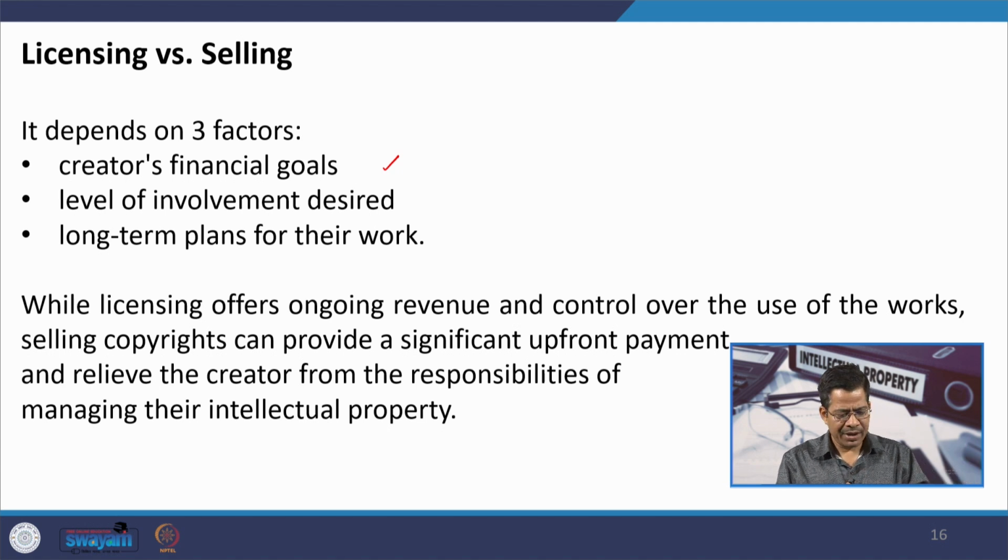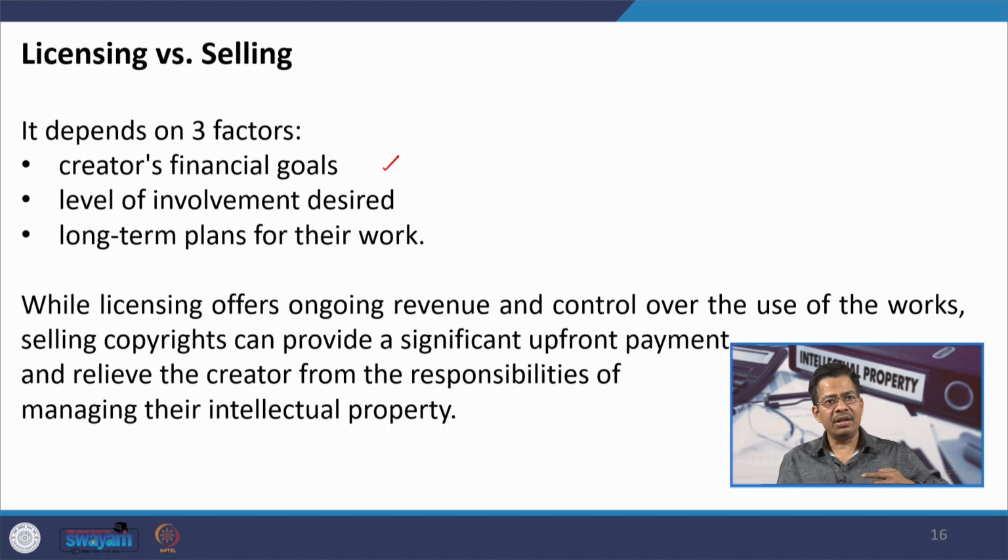But if I license to a particular publisher that okay, you can print this particular work, and then I feel that now that work needs to be updated, I can get new editions, new volumes of that work, and that is depending upon the long term plan of the work. Like in the entertainment industry also you see most of the movies are having sequels.